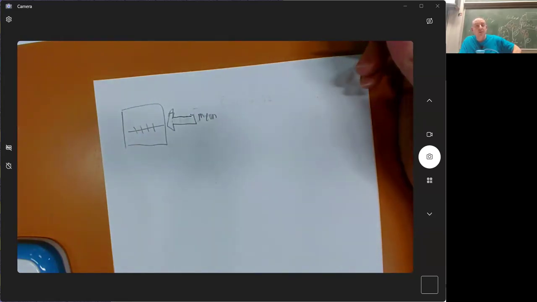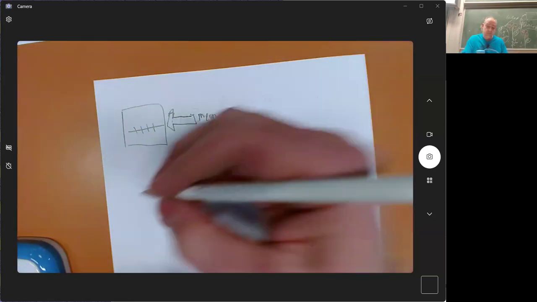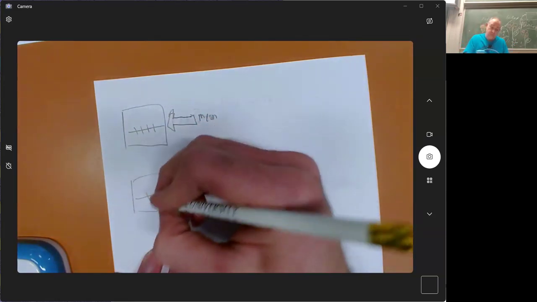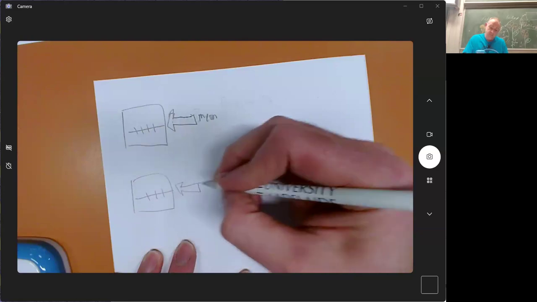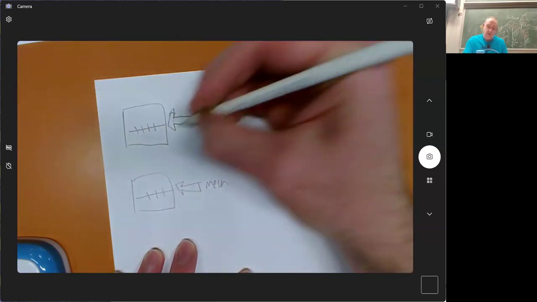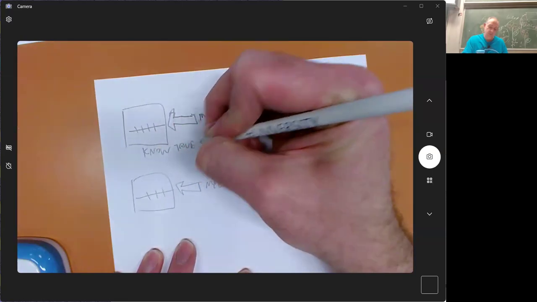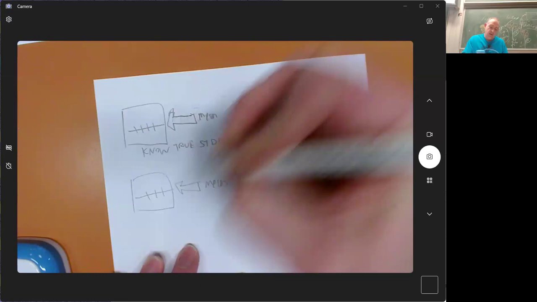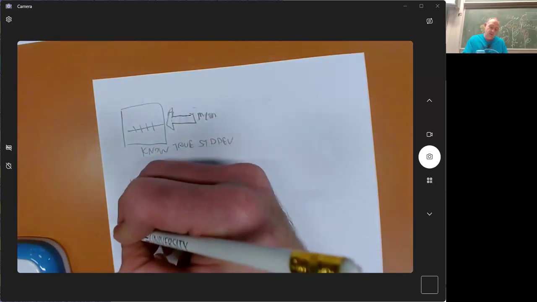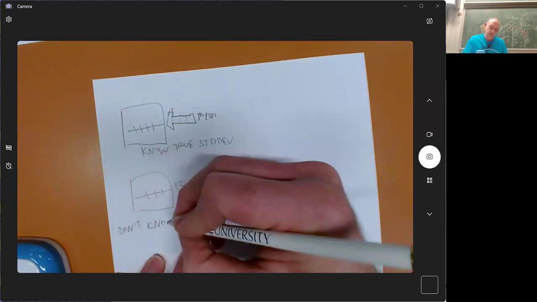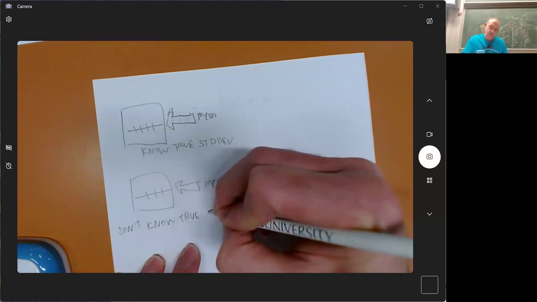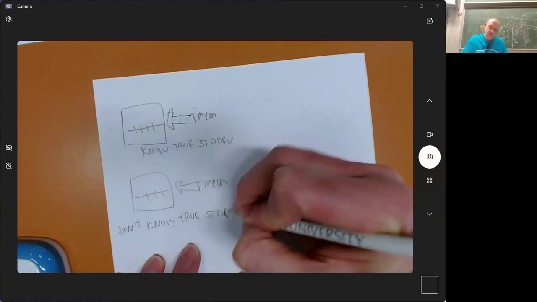And if your question is that, is the mean equal to a specific number, then there are two situations in which you might be. One is if you already know what the proper standard deviation is, and one is if you don't. So we know the true standard deviation, and this one we don't know the true standard deviation.